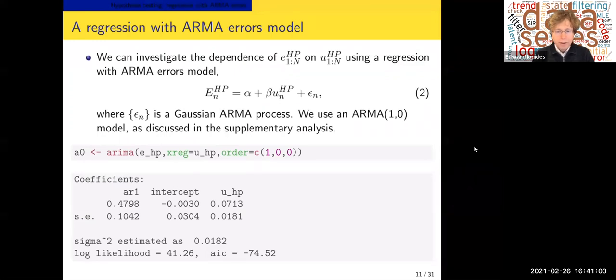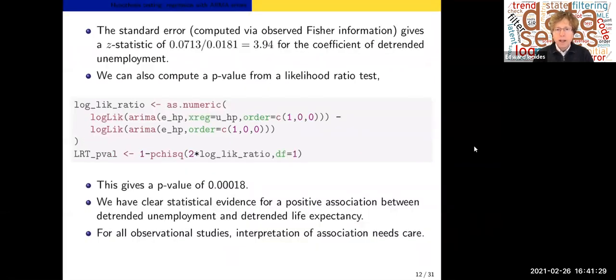And we see that all the coefficients are significant, and the coefficient for unemployment is significant and positive. The first pass at a statistical test is to take the coefficient and divide it through by the standard error.